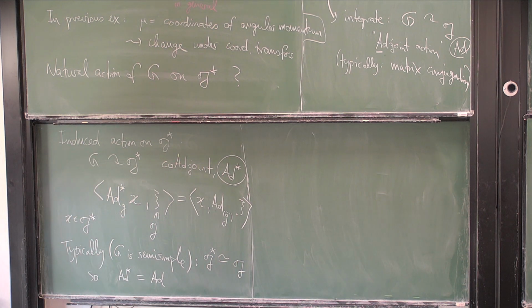And that's exactly what happens for angular momentum. You have the angular momentum, some vector. When you change your coordinates, the vector changes, you just apply this matrix. As I said, it's conjugation.